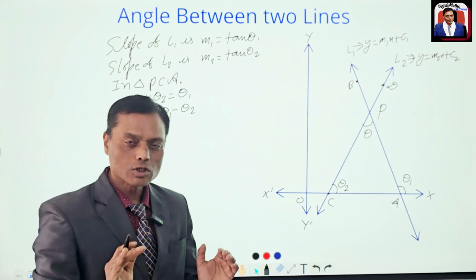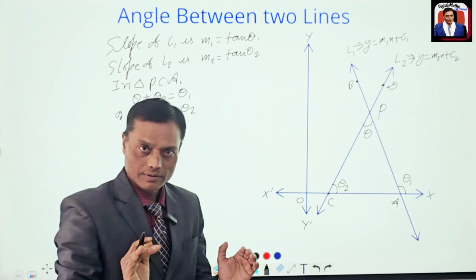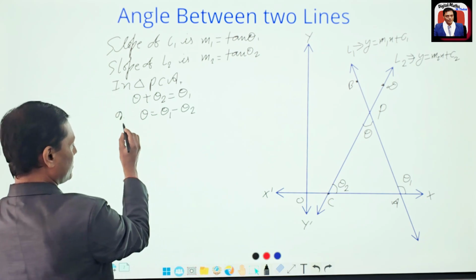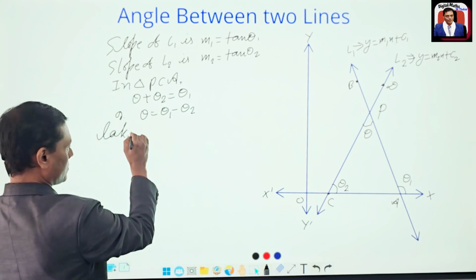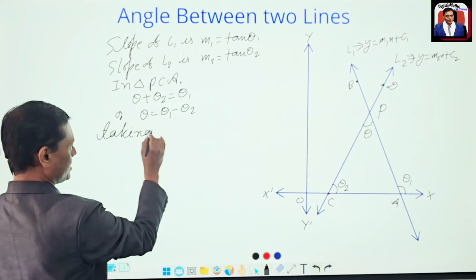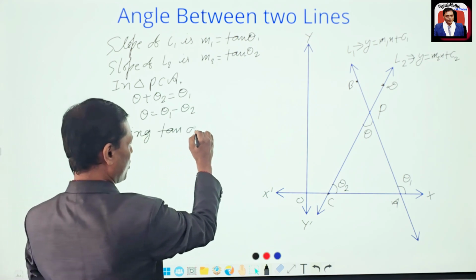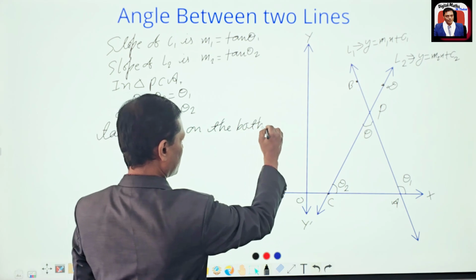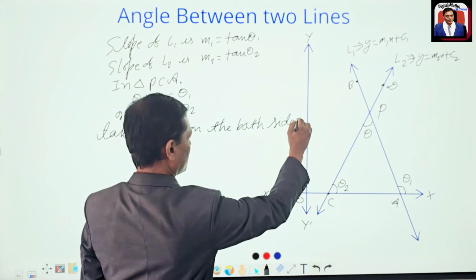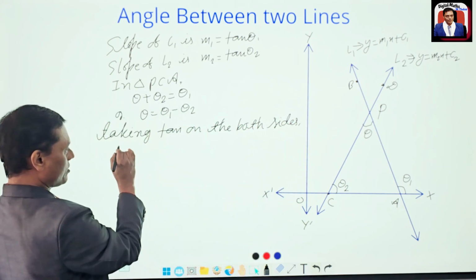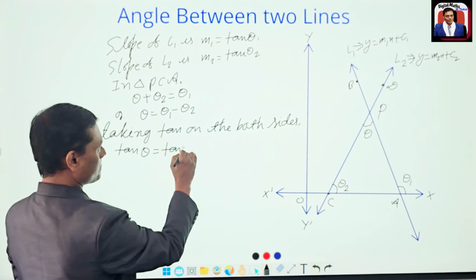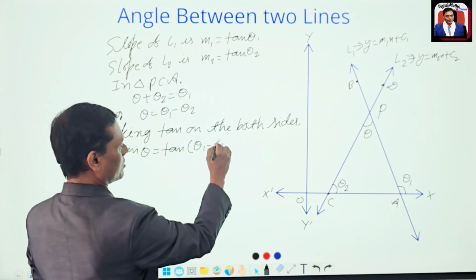Now we are going to take tan on both sides. Tan is the short form of tangent. Taking tan on both sides, we have tan theta equals tan of theta 1 minus theta 2.